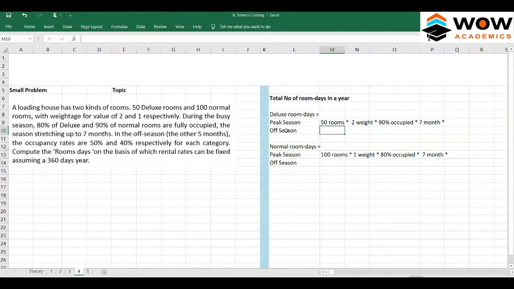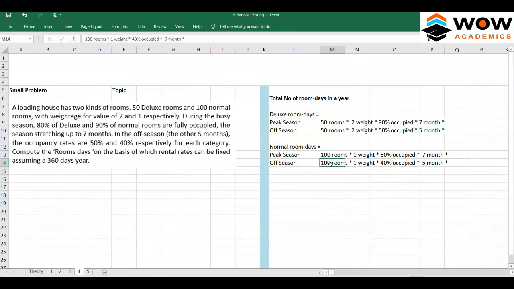So it's again the same 50 rooms to weightage, but it is not occupied for 90%, it's occupied only for 50%, and for 5 months. And again, normal rooms are going to be occupied for 40%, and not for 7 months, it is 5 months.